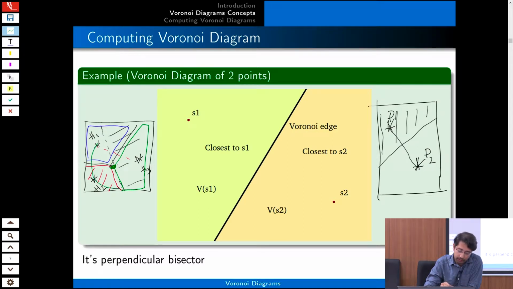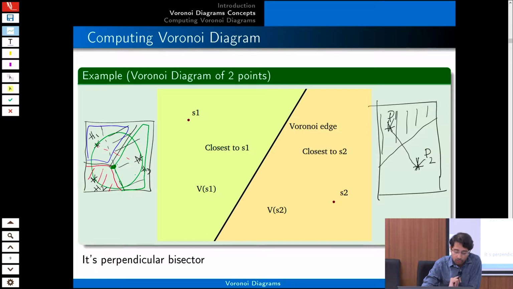Pardon my drawing. It is the center of the circumcircle passing through H1, H2 and H3. Clear? Okay, very nice.